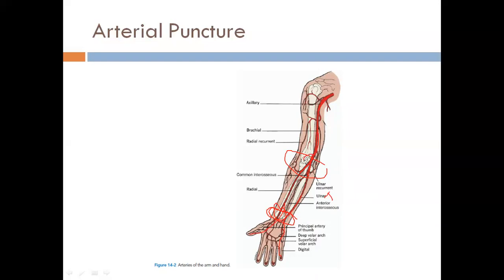So whatever pulse ang mararamdaman or makakapa nyo dito sa site na to, sa may elbow or sa antecubital fossa, that's your brachial artery. Yan yung kinakapa natin pagka nag-blood pressure tayo, yung artery na yan, yung ating brachial artery.